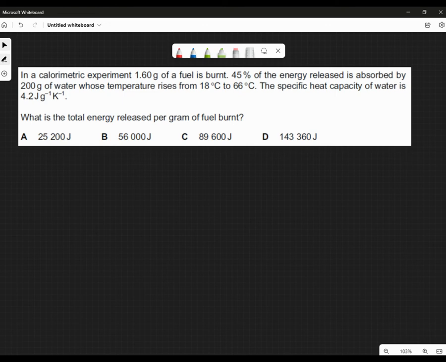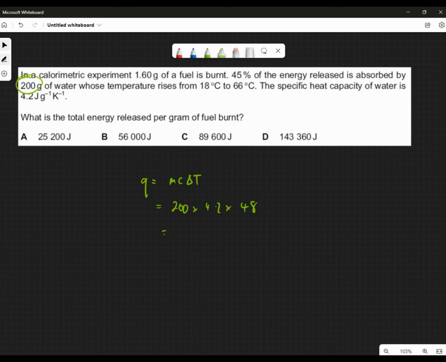Okay, so let's go. As we know, the energy given out, Q, is equal to mc delta T. M is the mass of the water, times c, which is 4.2, times the temperature difference, 66 minus 18, which is 48, isn't it? So that's the amount of energy given out, I think, unless I'm wrong.